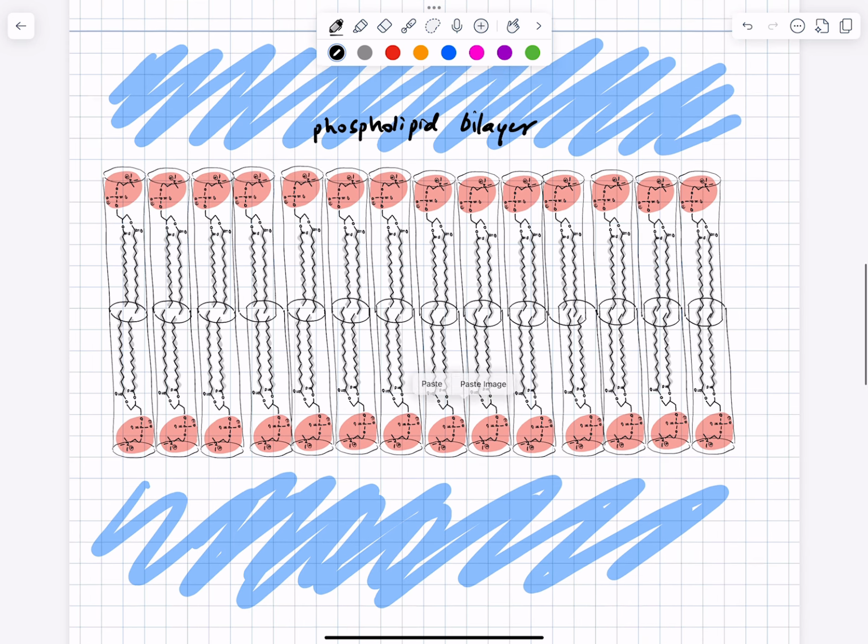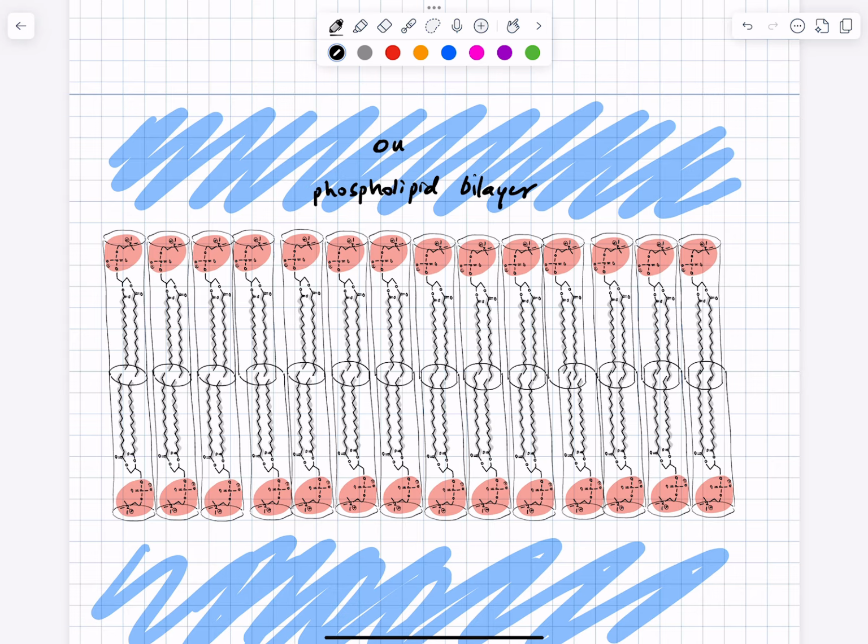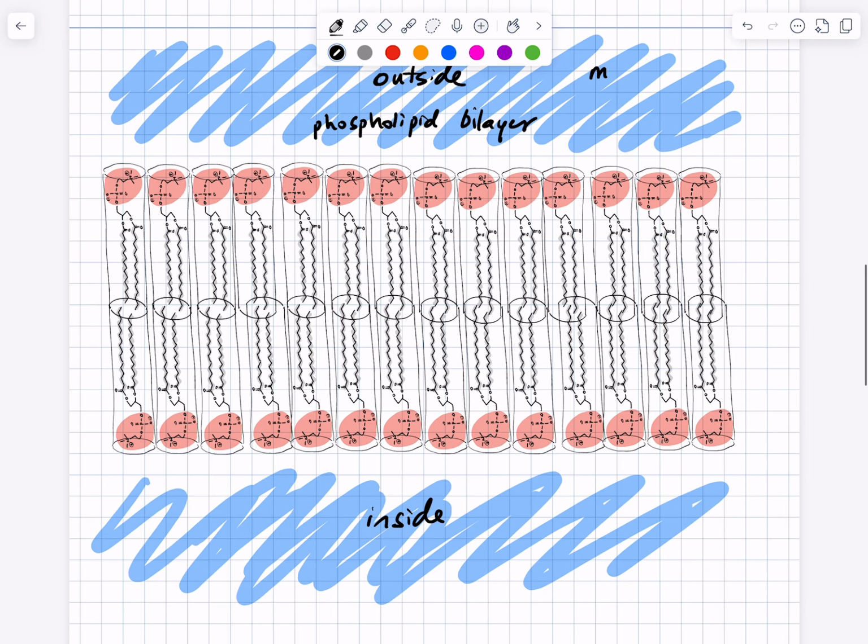So we now have created a membrane. We now have something that is outside this layer and something that is inside the layer. The layer propagates forwards and backwards, side to side in two dimensions, but then eventually curves back on itself and you form a membrane or a vesicle.